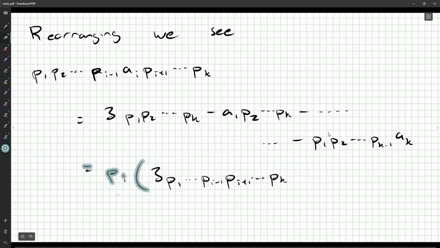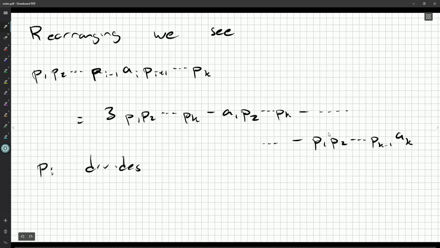Well, actually, we don't even have to write it out. We can see PI divides the right, so it must divide the left.